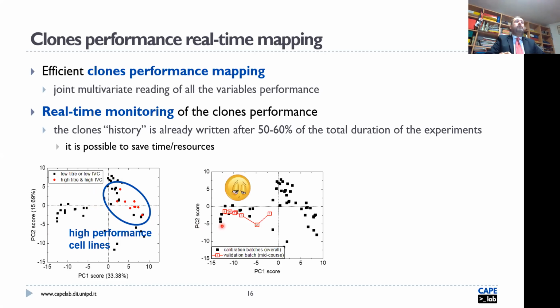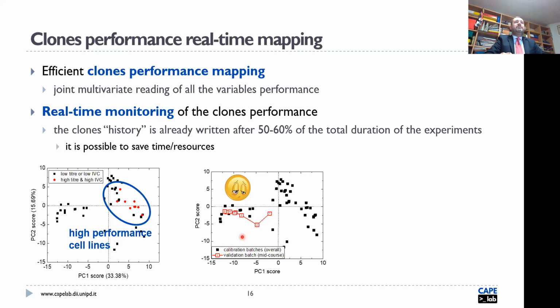In fact, if we project the experimental batch of one new cell line in this score space, here we can see time point 1, time point 2, and how the experiment progresses until time point 8, which is the end of the batch. You can see that this cell line goes to the zone in which the low-performing cell lines are located.